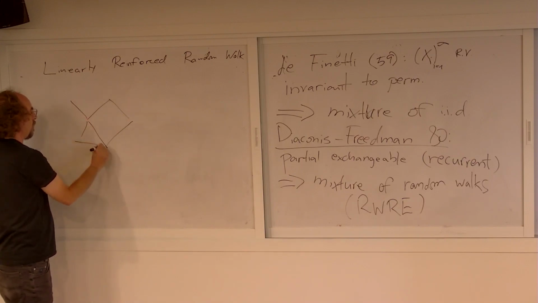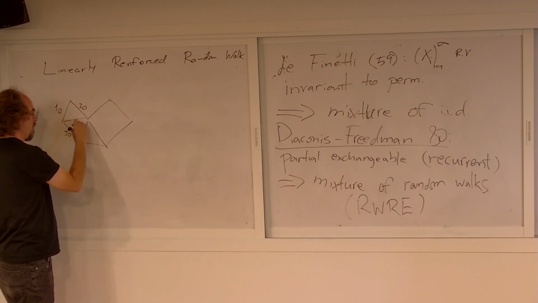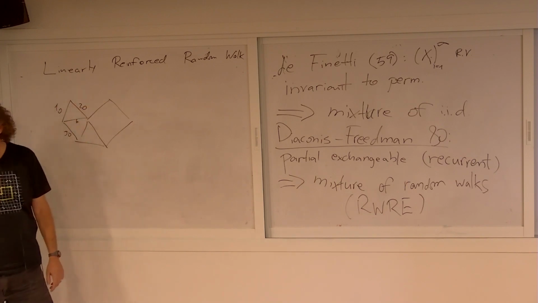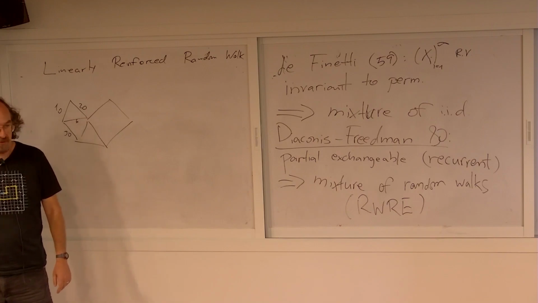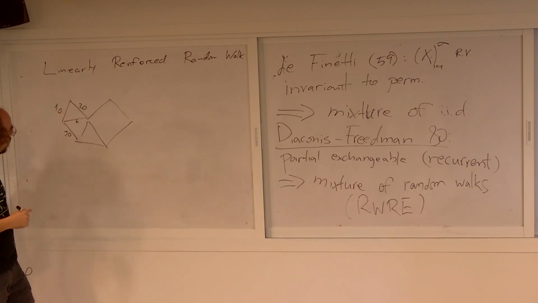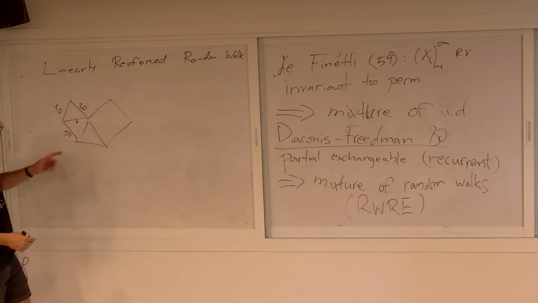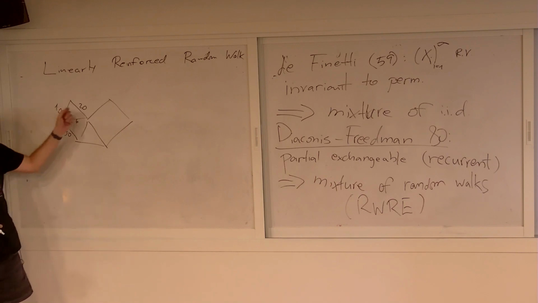You know that if you write some numbers on the edges, then all paths that traverse this edge 10 times, this edge 20 times, and so on, they all have the same probability.